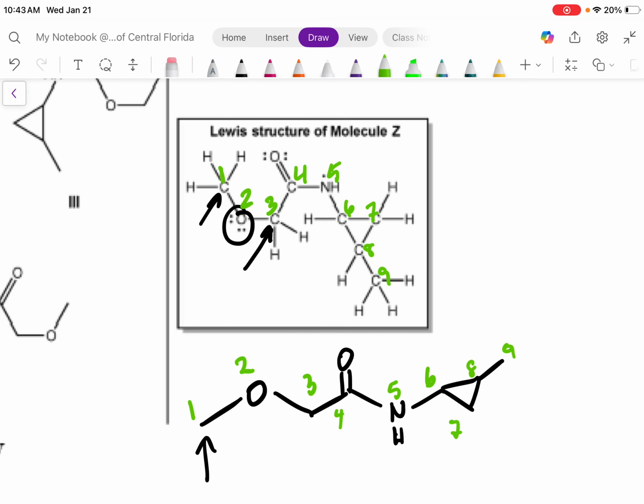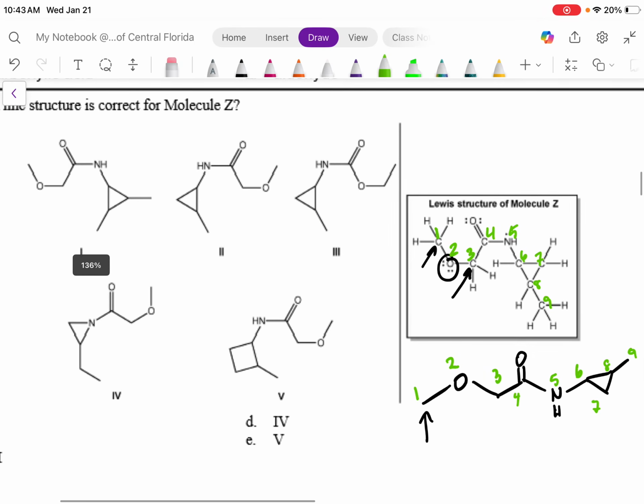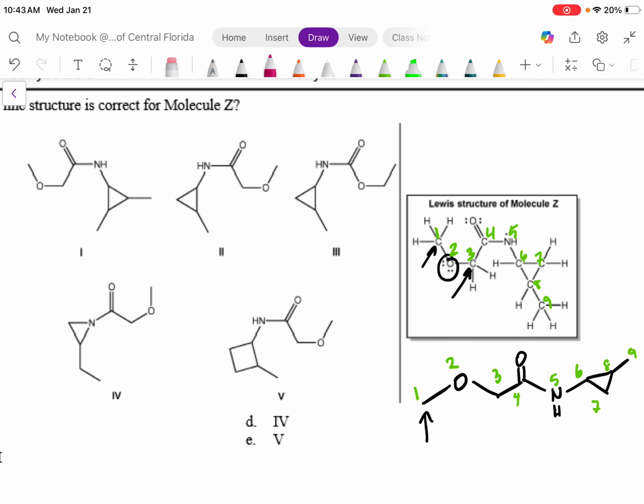So now that I've drawn that zigzag, I just come back and try to match it up to one of the answers. But before you do that, you could eliminate some of these right off the bat, because you know that you have a cyclopropane ring. This is a cyclobutyl, so that one's out. We also notice on the cyclopropane that there is only one methyl directly attached to the cyclopropane.